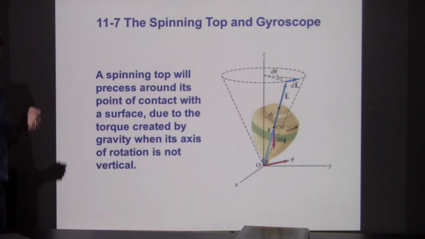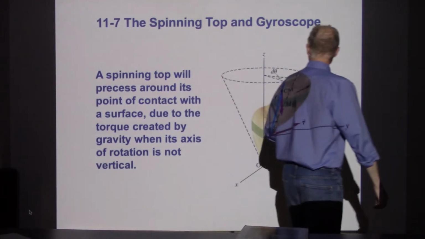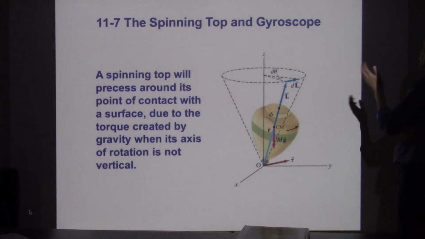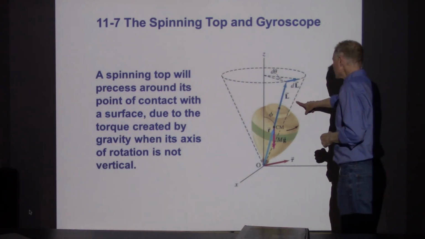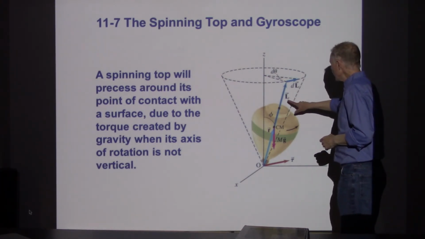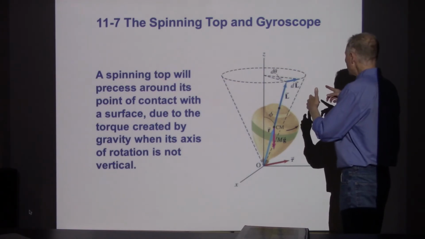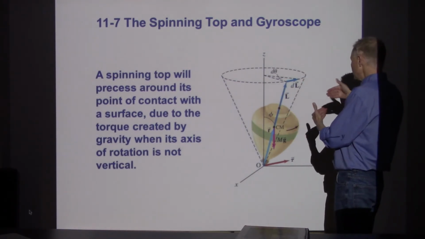All right, the last couple topics, again, these are a little beyond what we're really interested in for a midterm or something, but they're kind of fun to think about. The tops work kind of the same way we described with the bicycle. So for a spinning top that's tipped to the side, the top has tipped over a little bit.